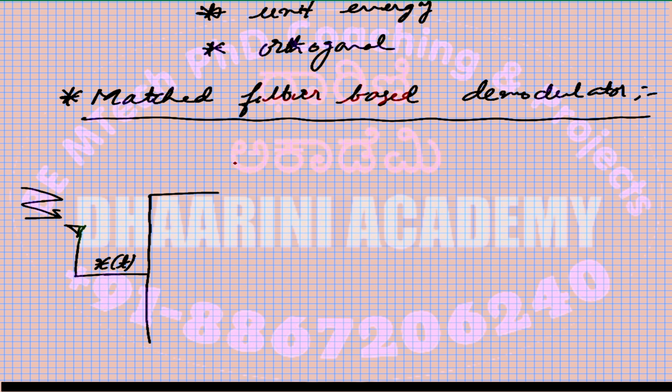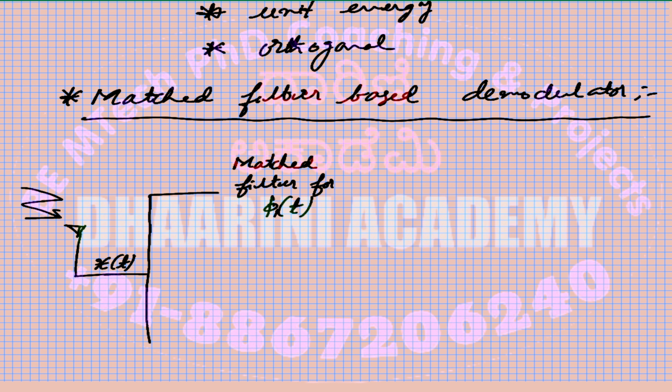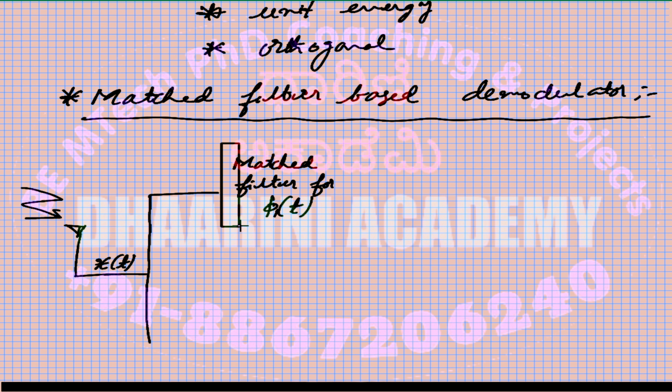So what I do, I design a matched filter for the phi 1 of t, right? Because I'm trying to get the details of that signal over here. Okay, that's one. Then you go for an envelope detector.